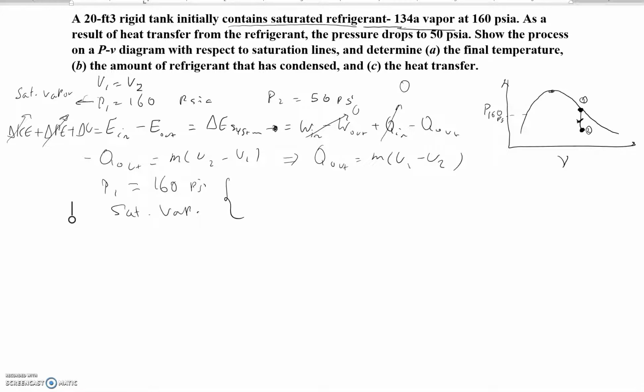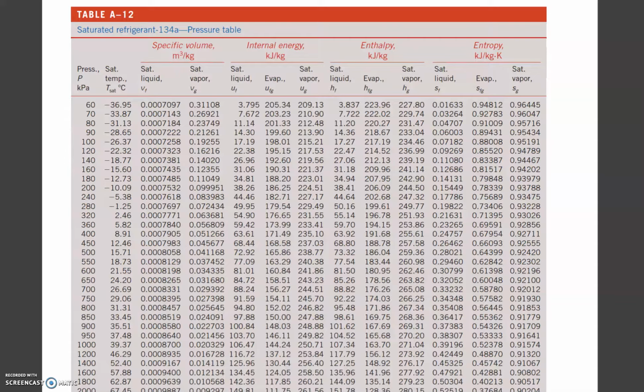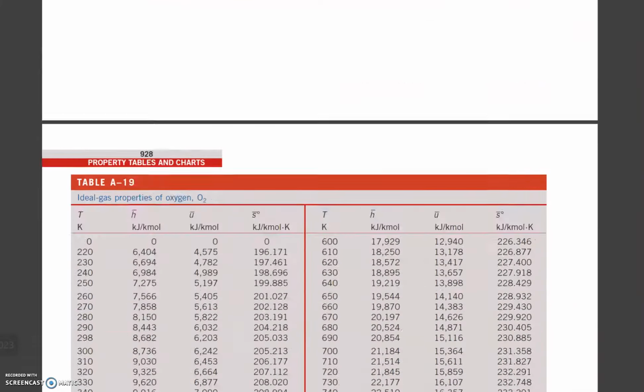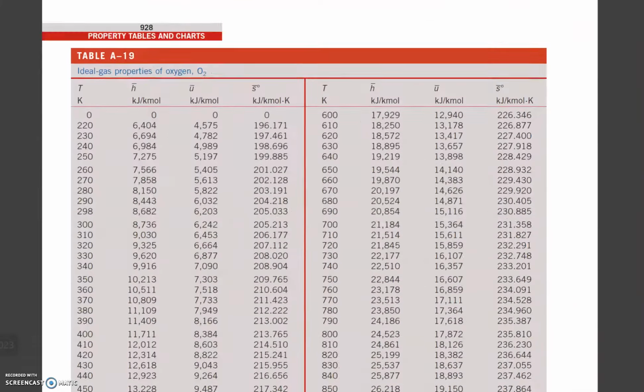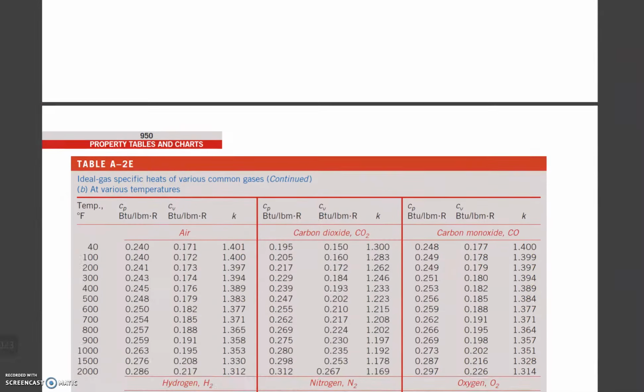Which table do you use? Since this is a saturated liquid-vapor mixture, then table A11, but this is an English unit, so that's English A11E. So I have to go all the way down until I get to table A11E. Since I know the pressure, that's what I need to look for. Just a second.